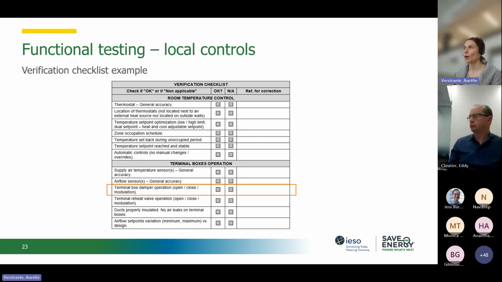Yeah, it's from our projects, and it's really an extract from this checklist, but for some, for example for an air handling unit, it will be much longer than what I presented here. Right. But Aurélie, if I'm right, I think part of these checklists are available from some standards such as CSA.